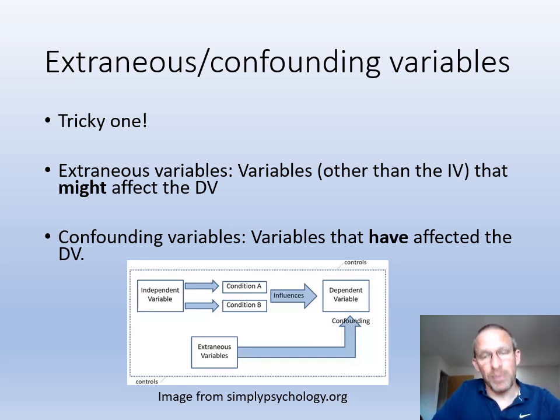But if you want to know a bit more, then of course, read into it. As you can see from the diagram here, at the top we've got what we want to happen, that the independent variable is changing the dependent variable. But these extraneous variables, if they do affect it, would be classed as a confounding variable.